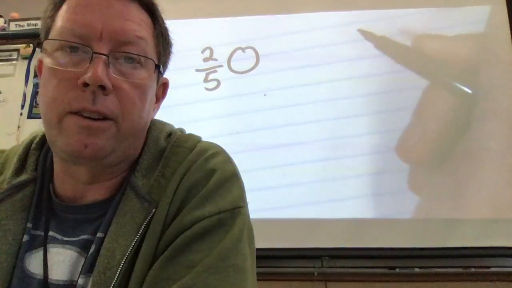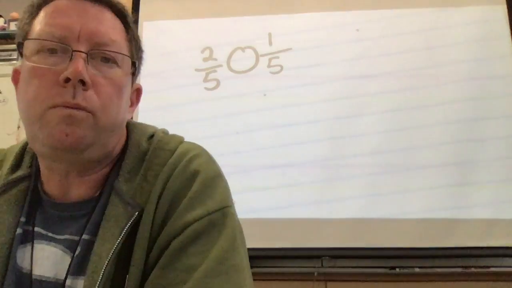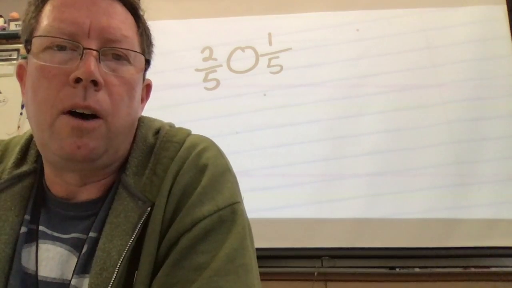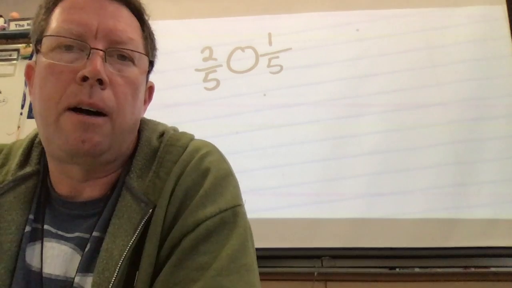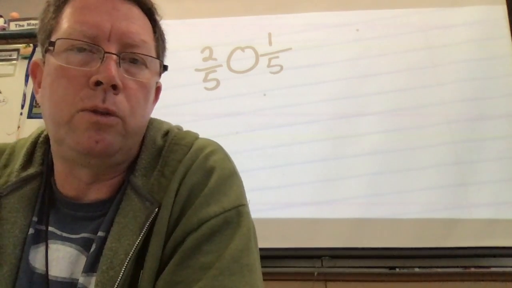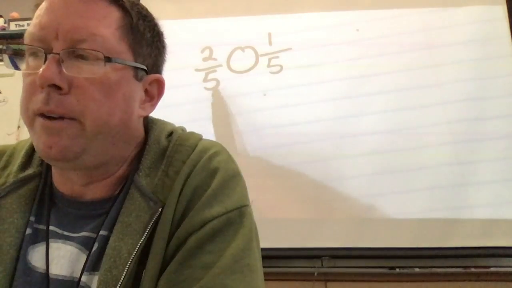So if I have 2/5 versus 1/5, and I want to know which fraction is bigger, which was more, how much of the candy bar did I eat, and the denominators, the bottom numbers, are the same.